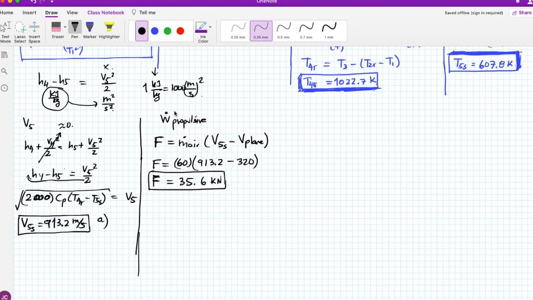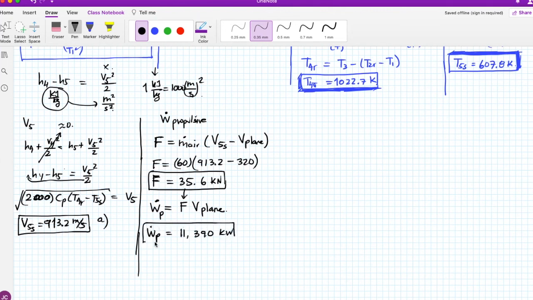They're asking me about the propulsive power. The propulsive power equals the force times the velocity of the plane. I always get the thrust and then multiply it by the velocity of the plane. So long story short, WP equals all this stuff, and this should be 11,390 kilowatts.